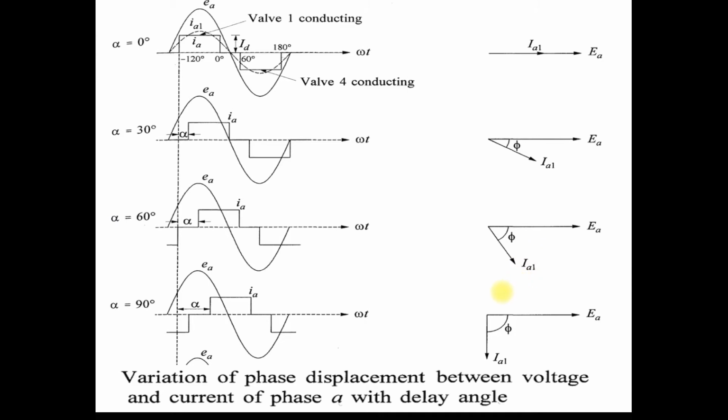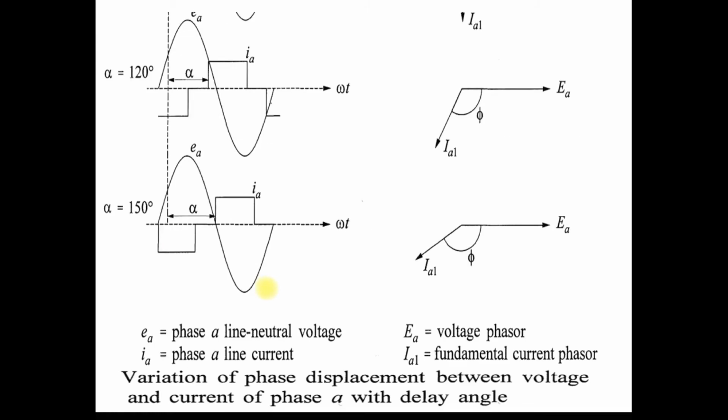As the phase difference increases, the power factor is deteriorated. It means the converter does not get sufficient reactive power, and because of that the power factor is deteriorated. Clear? So that's why at the converter side, at both ends, we require a reactive power source, because of this phase displacement between voltage and current due to the different alpha. Clear?